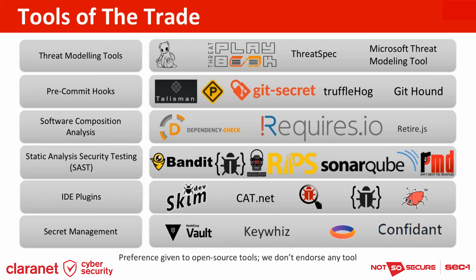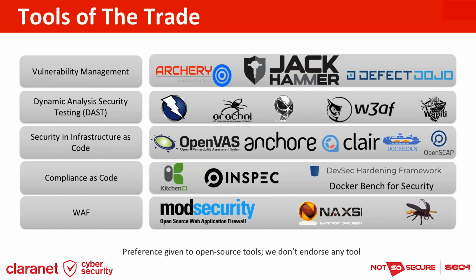You can see a bunch of different open source tools around each of these types, and more tools under the VM category, DAST category, security and infrastructure as code, compliance, and WAF categories. All of these tools are open source or freely available and do not have licensing limitations. We are not endorsing any specific tool, and we are not even mentioning proprietary tools, because we wanted to keep it open source only.